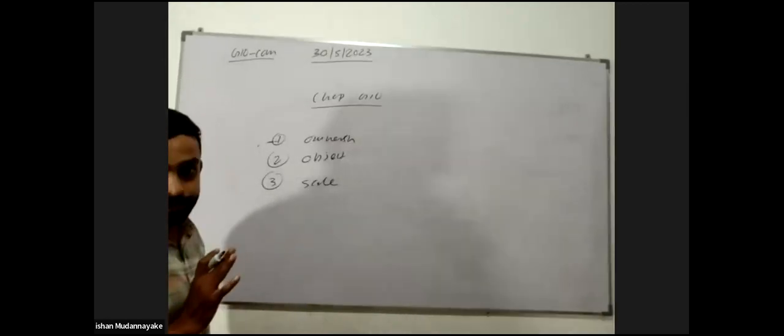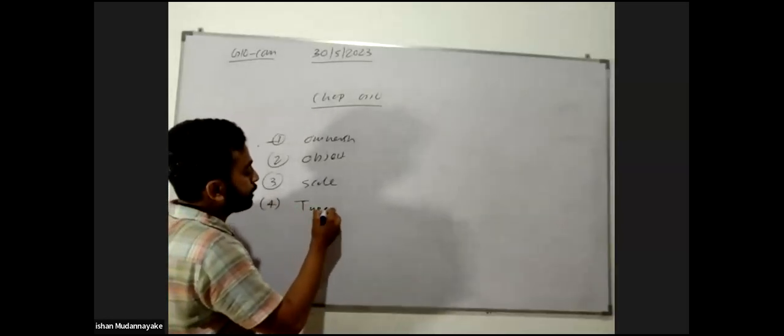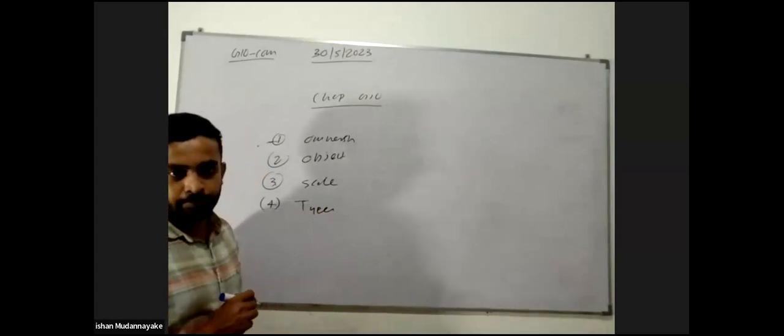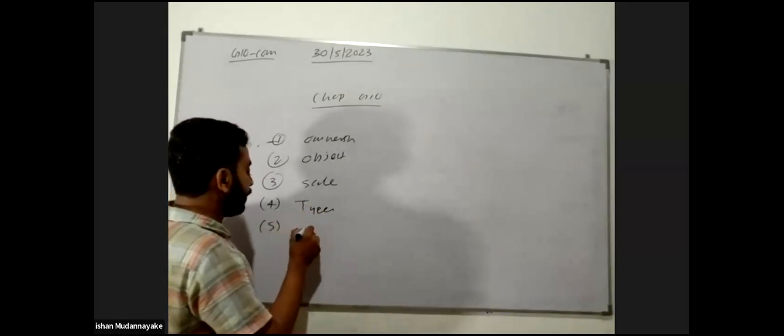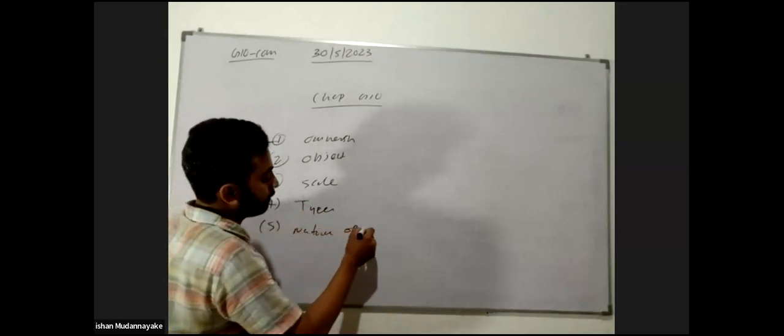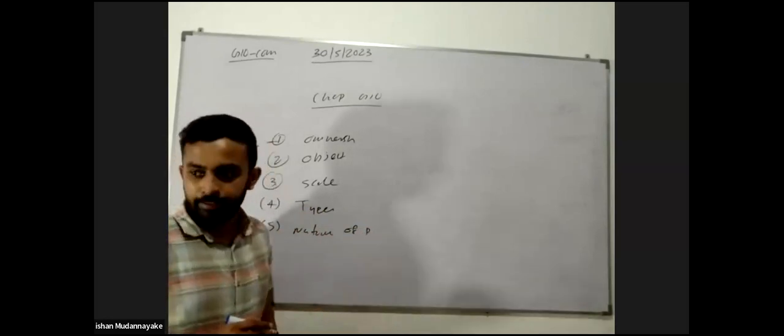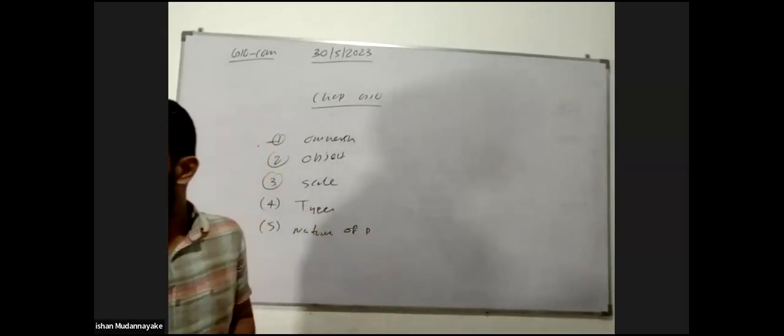Fourth is based on the type of the business, and fifth is based on the nature of the product. Those are the methods that we can apply to classify a business organization.